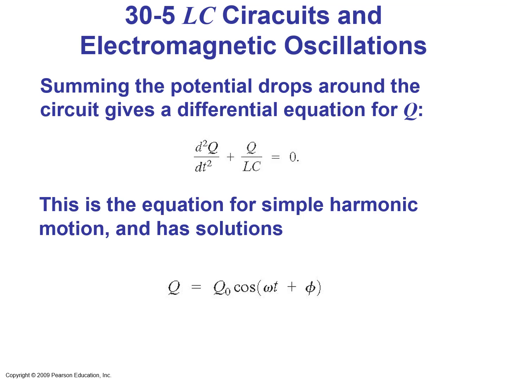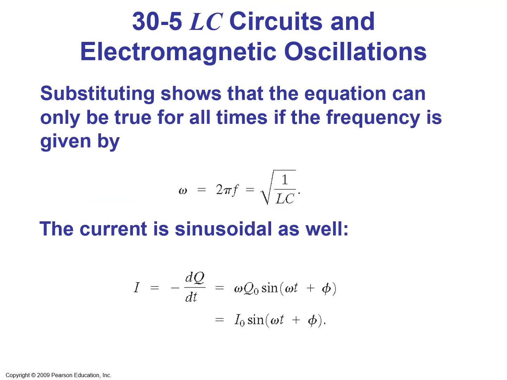This is the equation for simple harmonic motion and has the solution Q equals Q naught, the initial charge in the capacitor, multiplied by cos of omega t plus phi. Substituting shows that the equation can only be true for all times if the frequency is given by omega equals 2 pi f, equal to the square root of 1 over L times C.